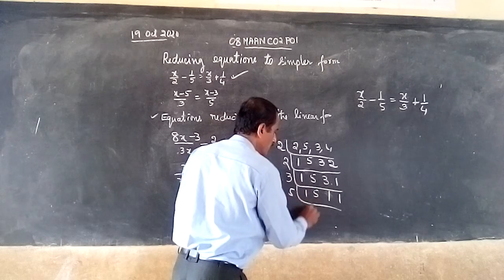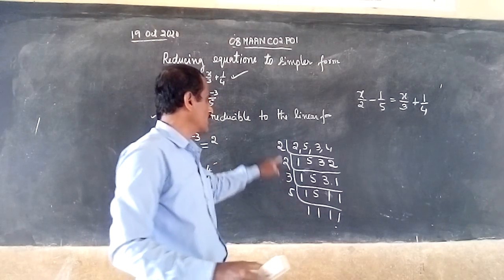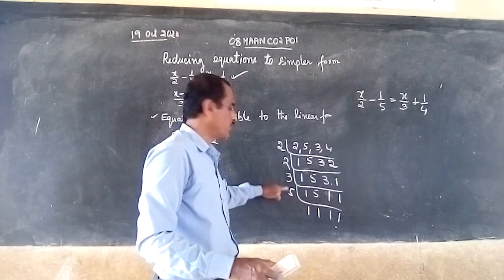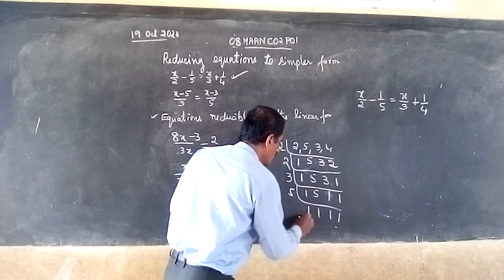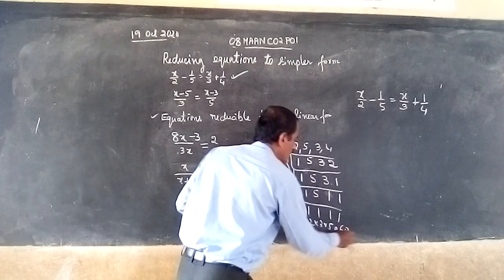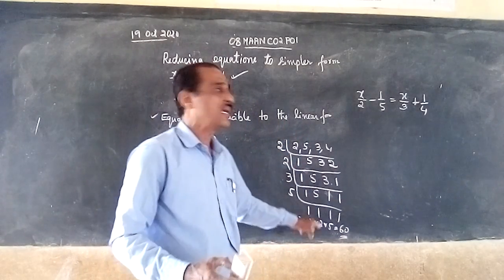Next by 5: 1, 1, 1, 1. So the product of these numbers: 2 twos are 4, 4 threes are 12, 12 fives are 60. So 2 into 2 into 3 into 5 is equal to 60, the LCM. This is what you have studied in your previous classes, a procedure to find the LCM.